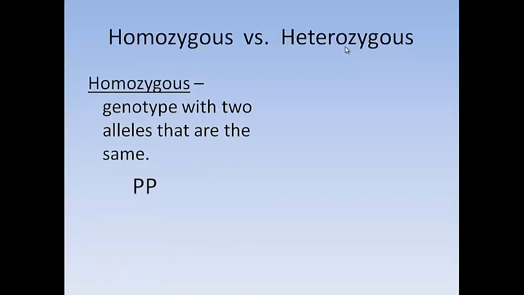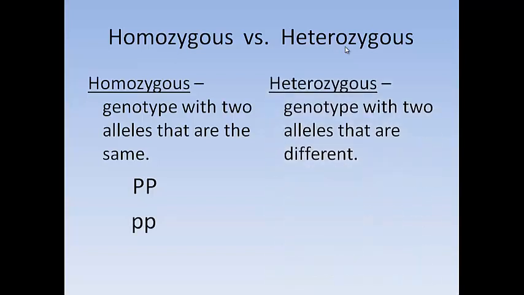You could have 2 capital P's. You could have 2 little p's. Heterozygous is a genotype that has 2 different alleles, 2 different versions of the gene. And what would that be? What would the genotype be? It would be a big P and a little p.